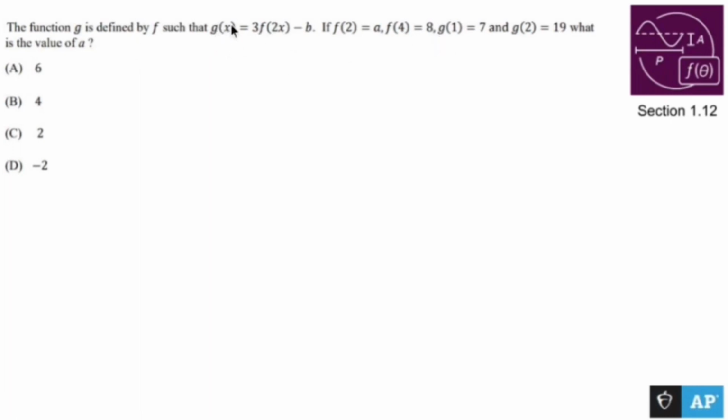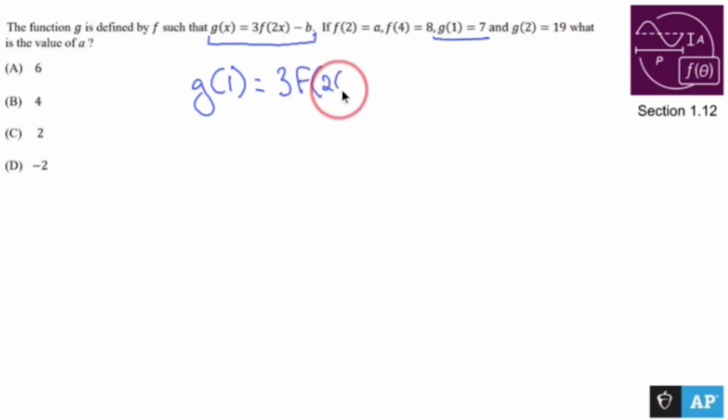I'm given g of x equals stuff, and I'm told that f of 2 equals stuff, and f of 4 equals stuff, and g of whatever. Let's find the things that I can find. Let's find out what g of 1 is. Okay, g of x is that guy right there. So g of 1 is going to be 3 times f of 2, replace x with 1, minus b.